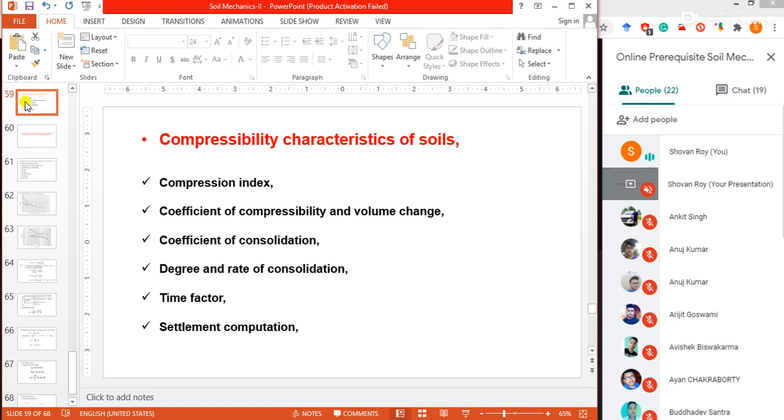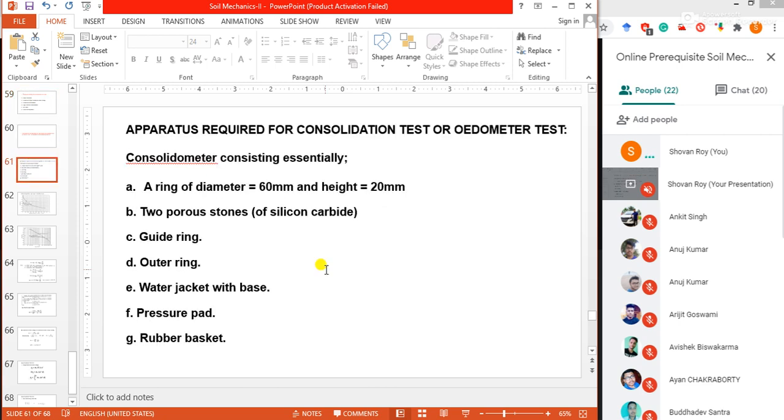These things, compression index, coefficient of compressibility, volume change, coefficient of consolidation, are all related to our consolidation test, or as we can say, oedometer test.